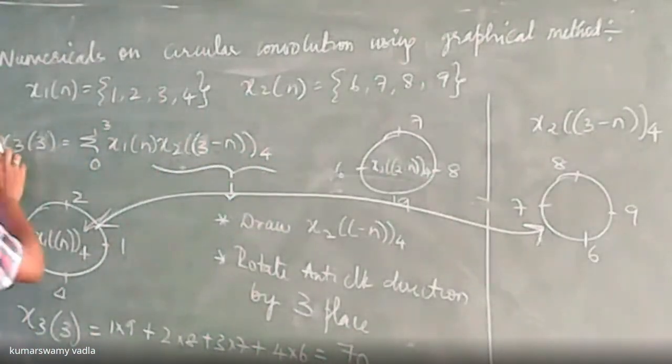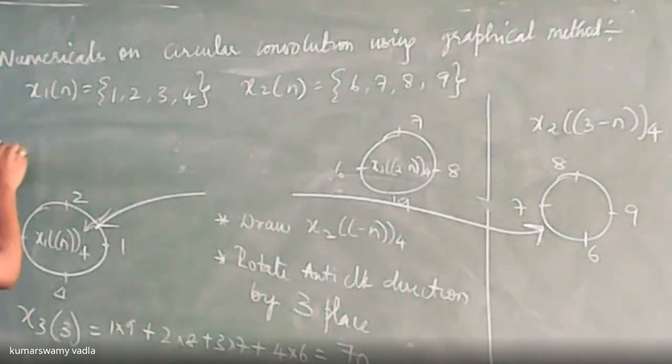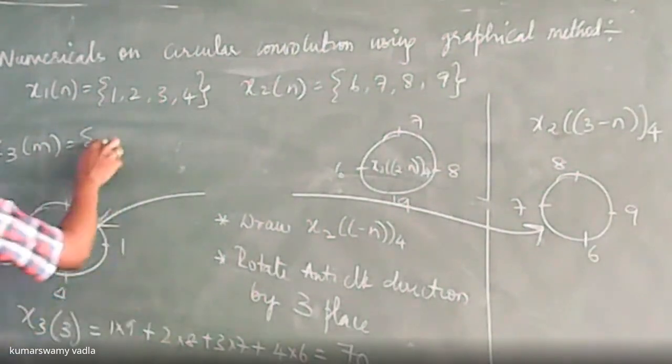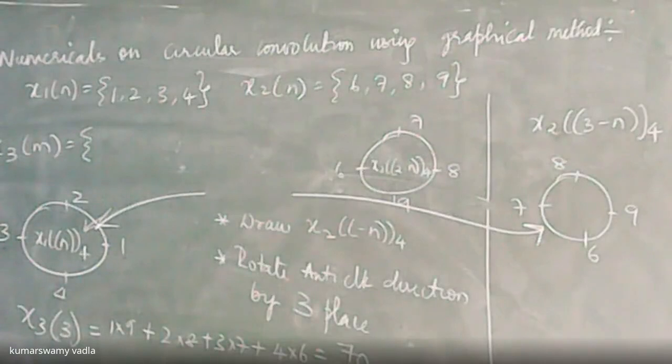So finally, your x3 of m using circular convolution using graphical method. Final answer is what is x3 of 0? 76, sir.